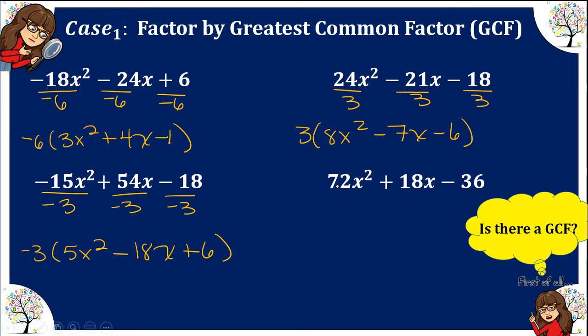And let's take a look at our last problem. 72x squared plus 18x minus 36. I do believe that 72 has a factor of 18, and it does. So our greatest common factor is 18. The GCF is 18, and we're left with 4x squared plus 1x minus 2.